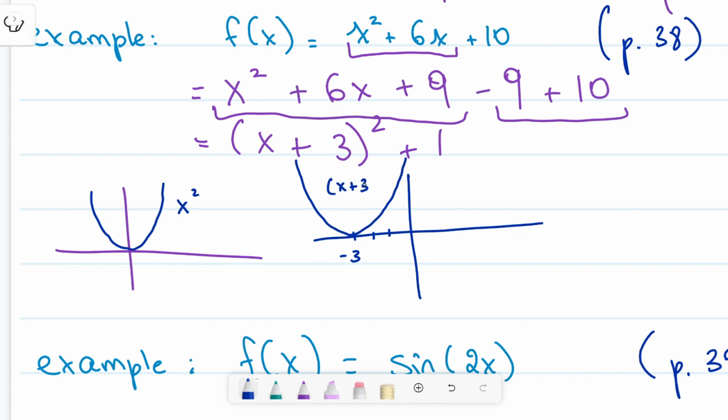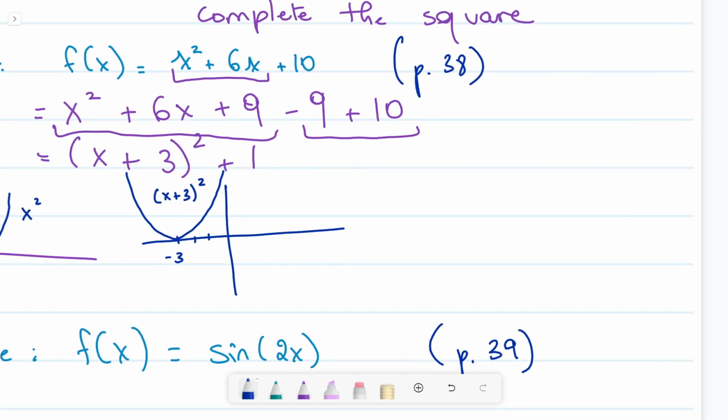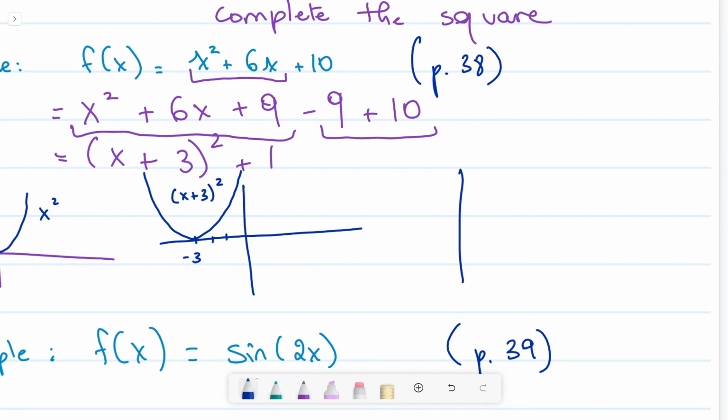And this is x plus 3 squared. And now we would like to graph x plus 3 all squared plus 1. Plus 1 shifts it 1 unit up. So this is a sketch of how it would look.